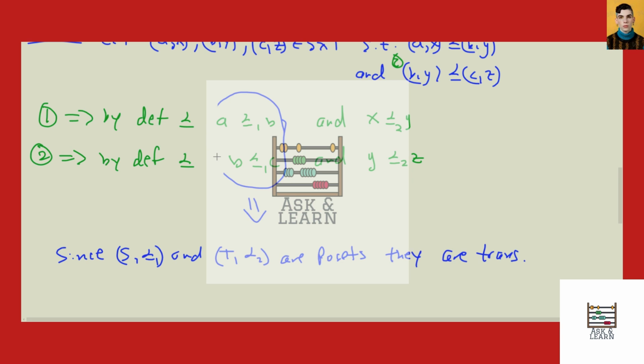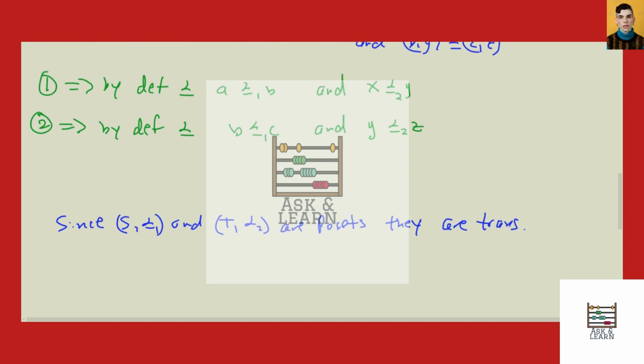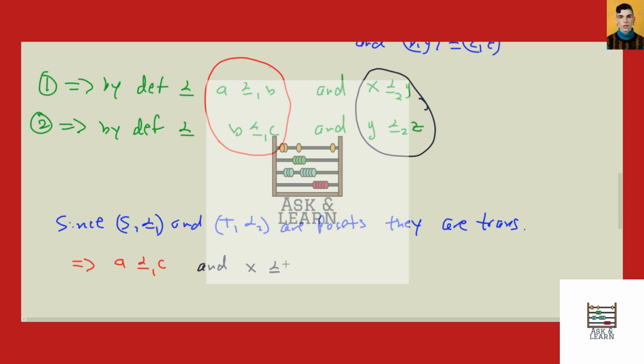So actually, let me at least circle this in red. Due to this here, that is going to imply that a is less than or equal to c with that first ordering, and then this is going to imply that x is less than or equal to z with that second ordering.